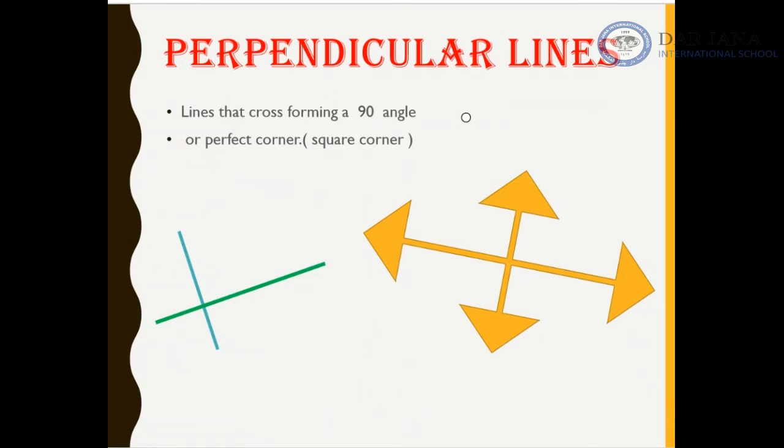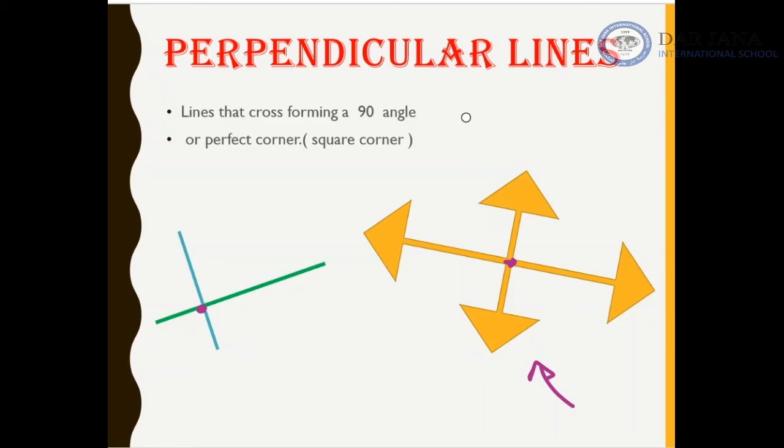If you're going to look at this drawing here, you're going to say that these two lines are intersecting lines because they met here at this point. And also in this example, the other one, you're going to say that they are meeting at a point and these lines are intersecting.